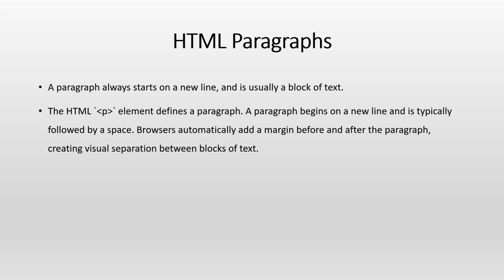It looks like this: a p tag, with opening and closing, and in between these two there will be the content. This is called the paragraph tag or p tag, whatever your convention is.